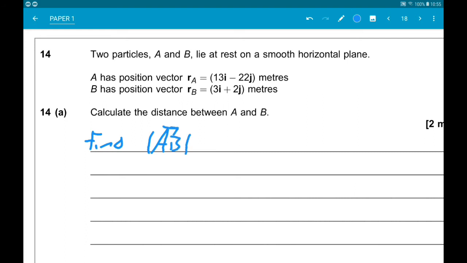Okay, now A to B is the position vector of B minus the position vector of A. So RB minus RA. So we are going to get 3i minus 13i, so that's minus 10i. And then 2j minus 22j, so that's 24j.